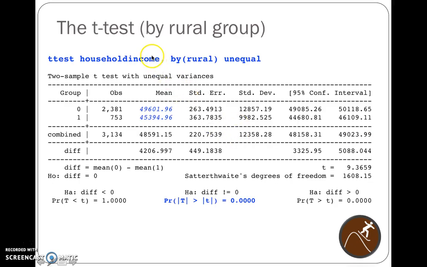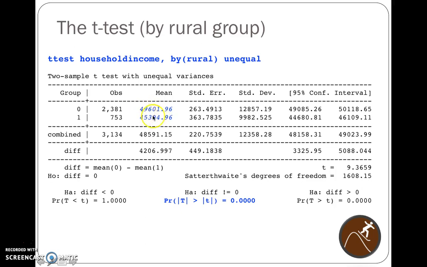When we do a t-test, if you were to do one, you could do the point and click method, or you could just enter this in manually in the Stata. You do the t-test on household income by rural, and we assume unequal variance, and it's comparing these two means, this mean versus that mean. The mean of group 0, the non-heavy rural, versus the heavy rural counties.